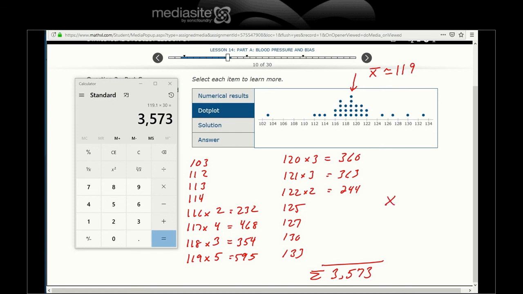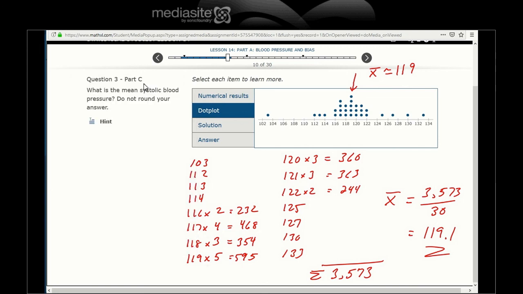So I take all that and divide it by 30. So we get 119.1 as the mean systolic blood pressure.